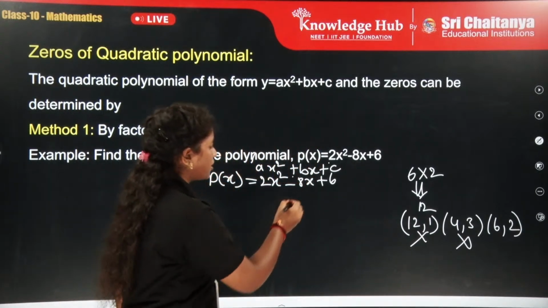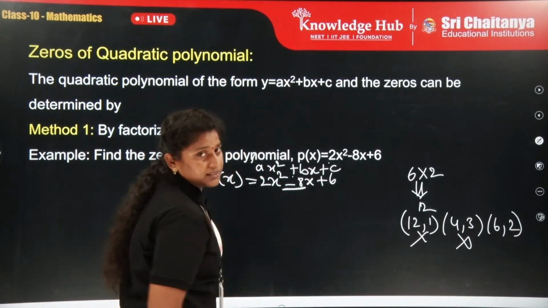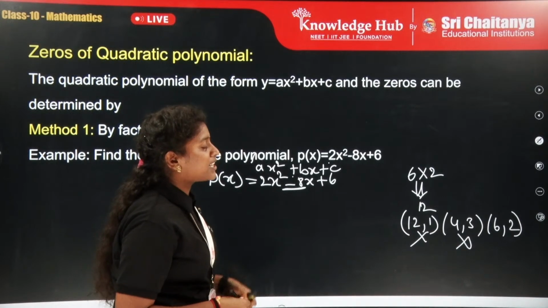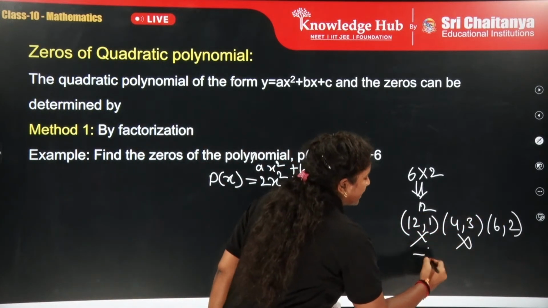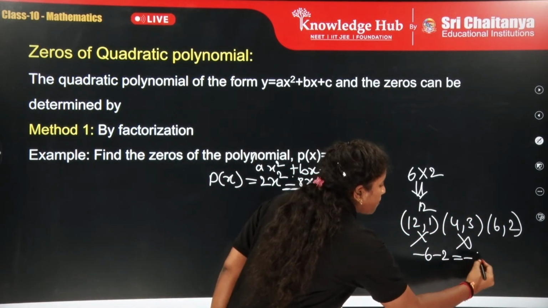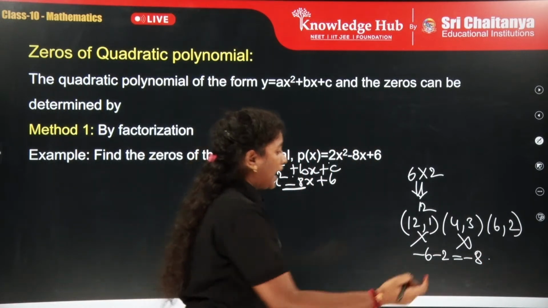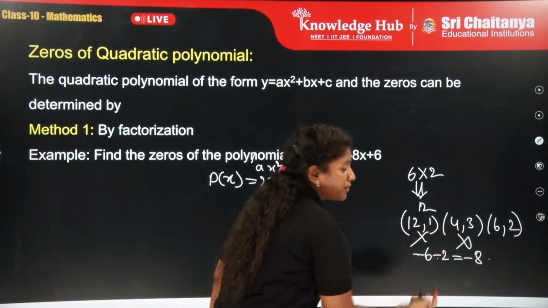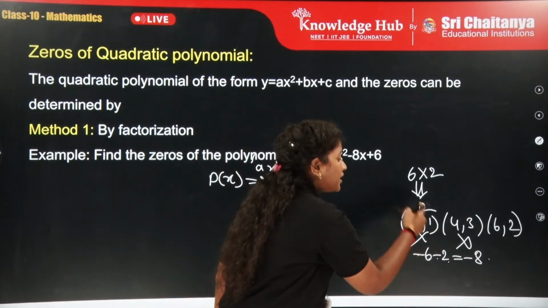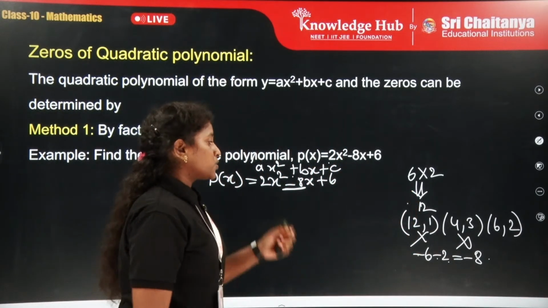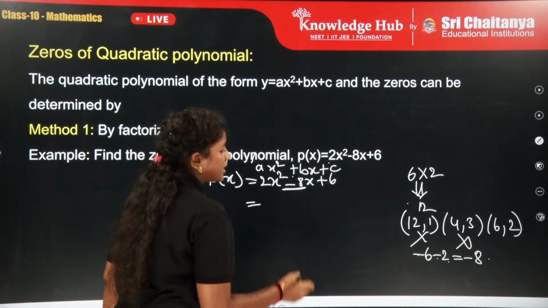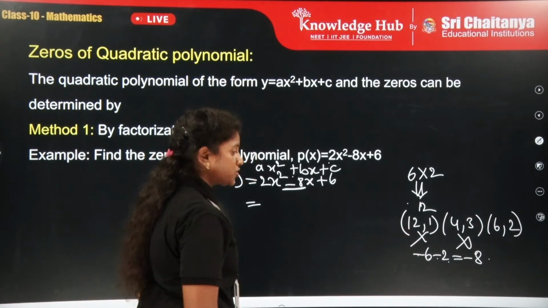But here I have minus 8. So how can I get minus 8 from 6 comma 2? Minus 6 minus 2 is minus 8. And minus into minus will become plus, and 6 into 2 will give 12. That's the reason the factor pair we are going to consider is minus 6 and minus 2.